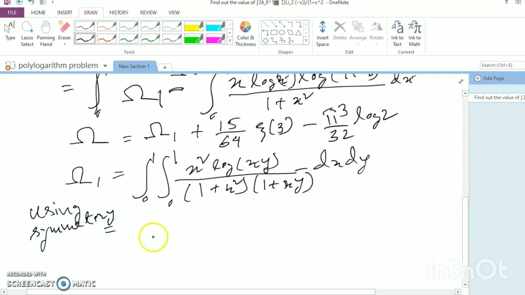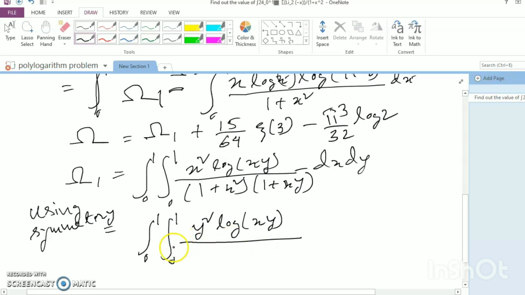Okay. So whatever I get, the value is 0 to 1 and 0 to 1, y square log xy divided by 1 plus y square into 1 plus xy, dy into dx. Okay, no problem.